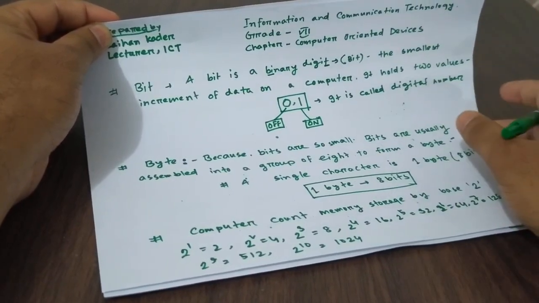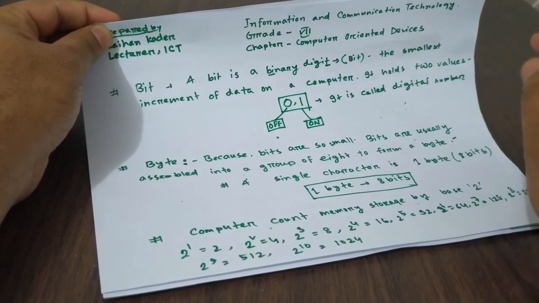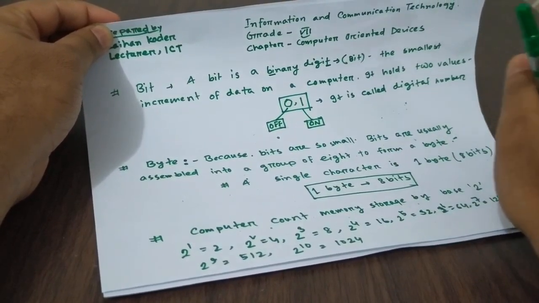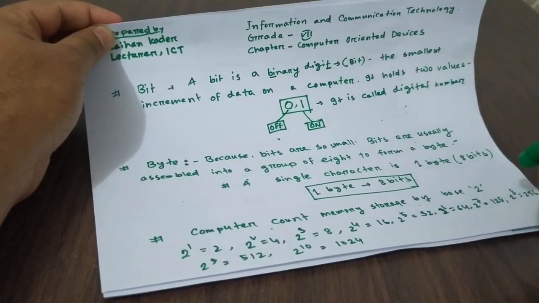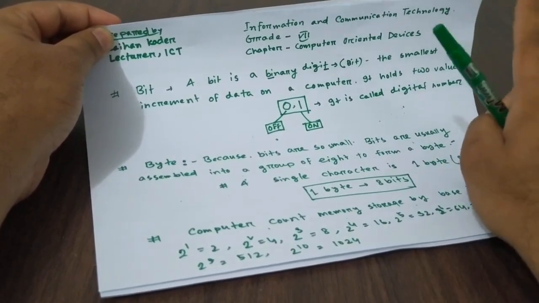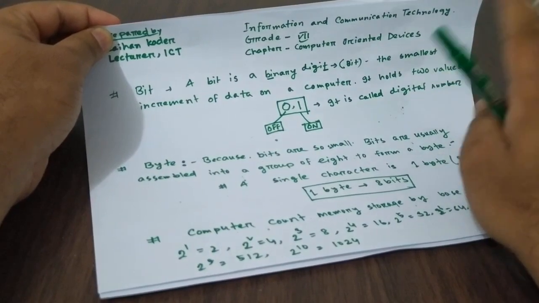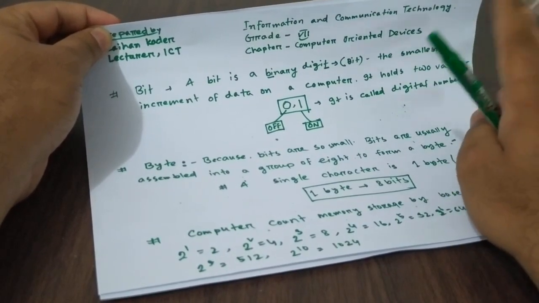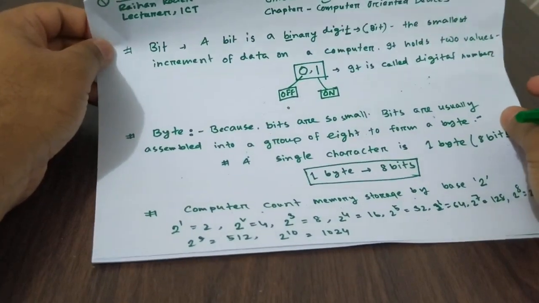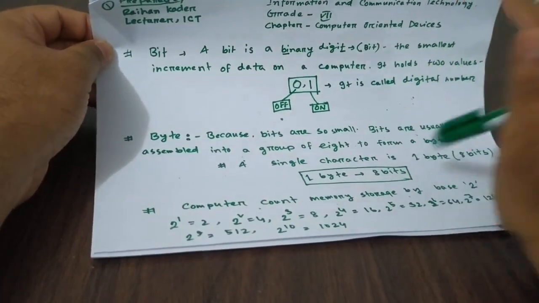On a keyboard, when I press A, all other keys will be off and A will be on. When I press B, all other keys will be off and B will be on. That means 0 and 1, 0 and 1, everything will be 0 and 1. So I think you have understood the bit.